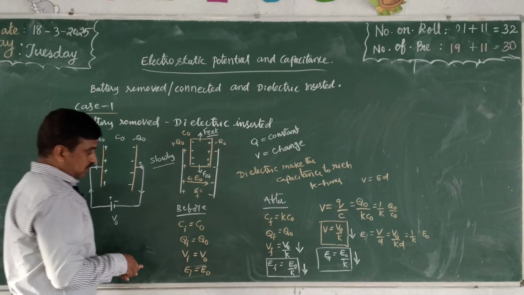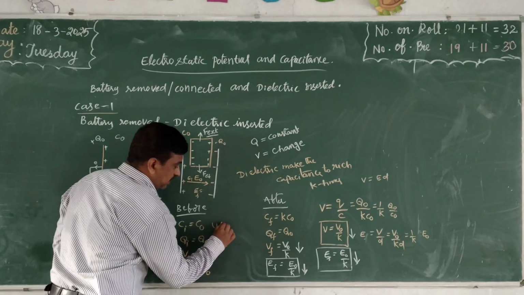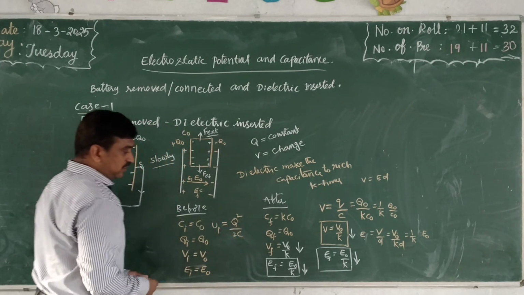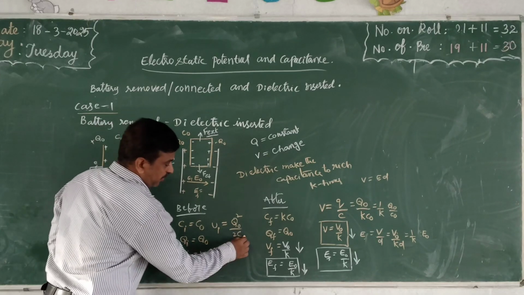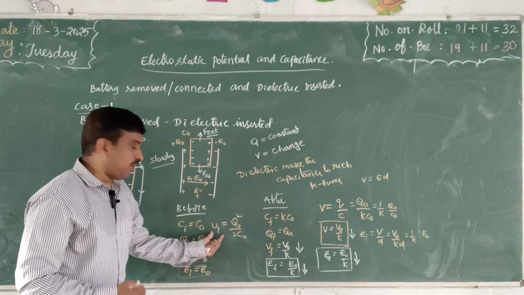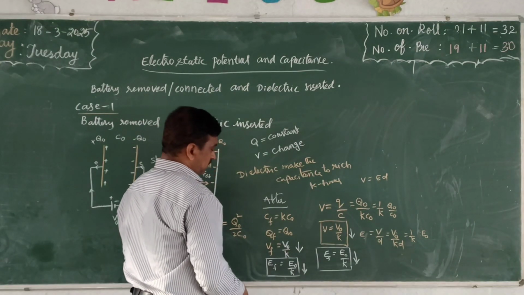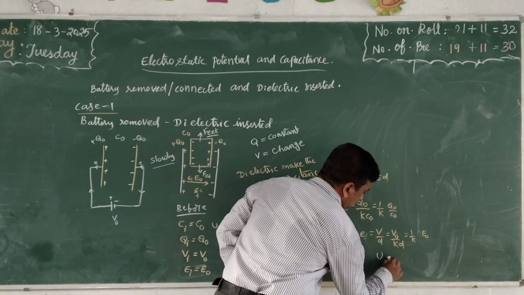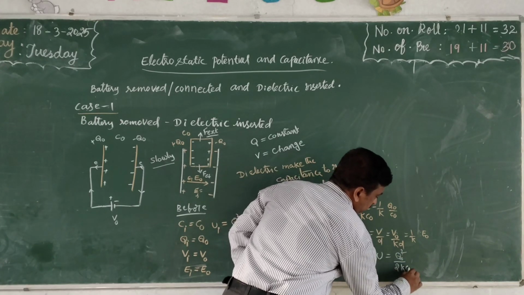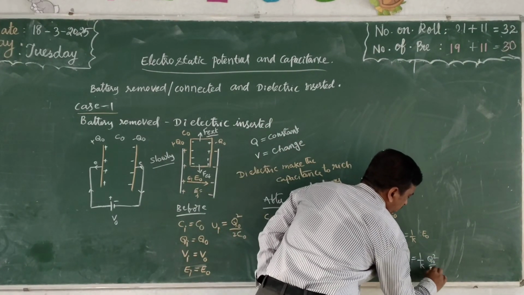What about the electrostatic potential energy? The formula is Q square by 2C. The initial charge is Q naught and the initial capacitance is C naught, so the initial potential energy is Q naught square by 2 C naught.